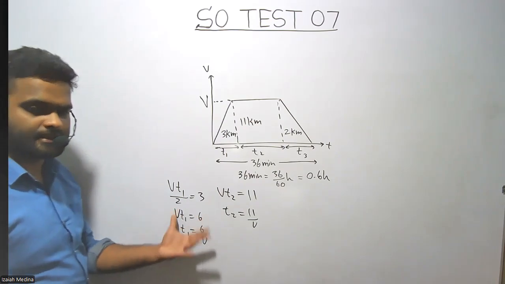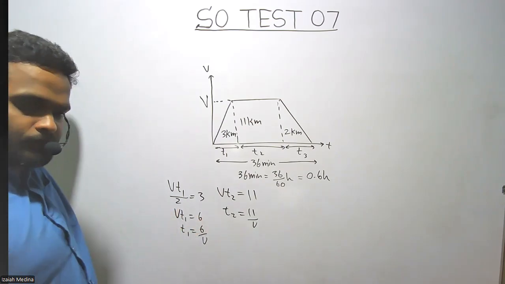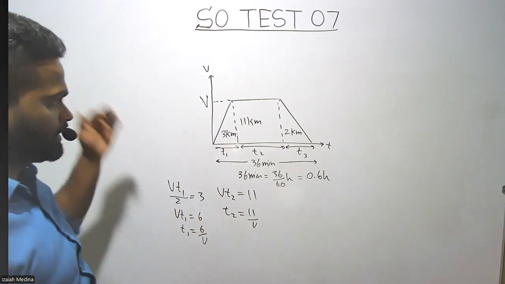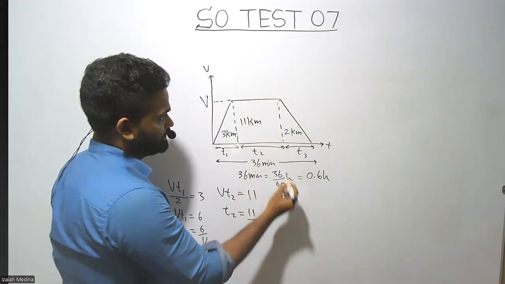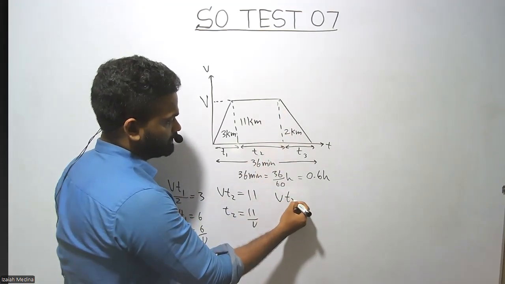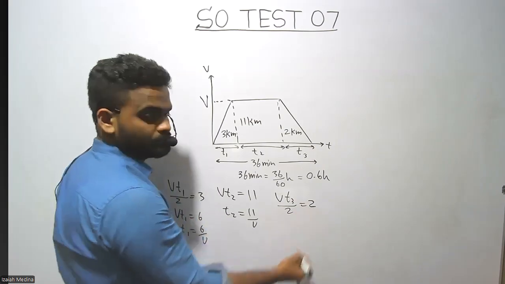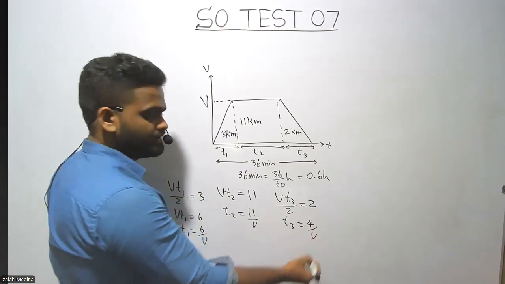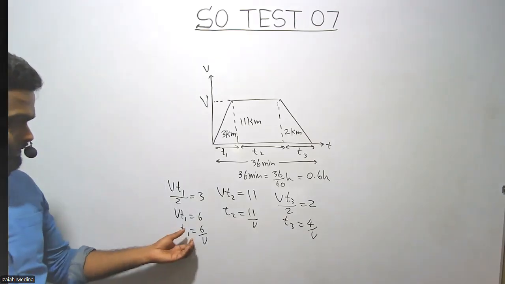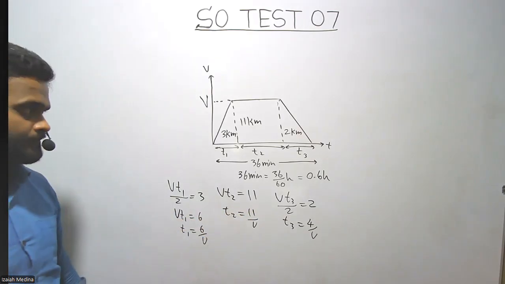This is the easiest way to do this. That's why I am following this method. Then this triangle, that is V T3 divided by 2 equals 2. So T3 is equal to 4 divided by V. So I have all the times in terms of V.